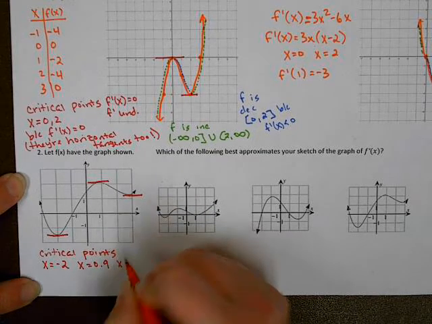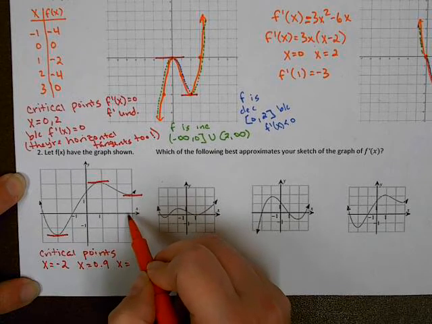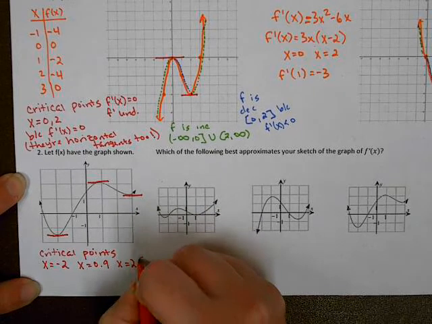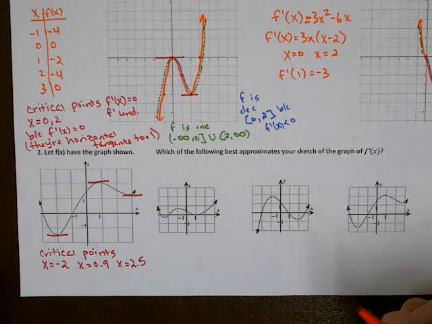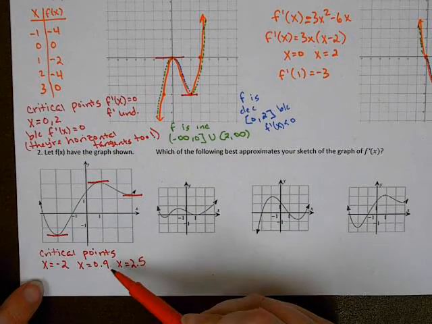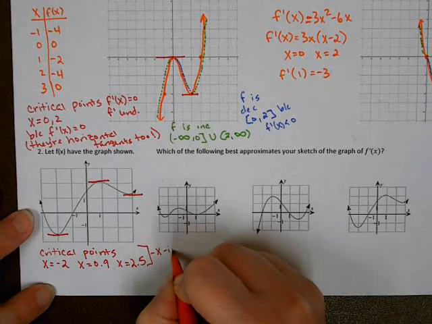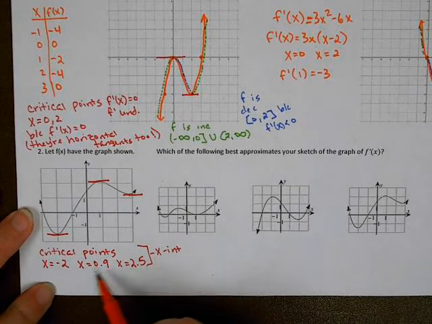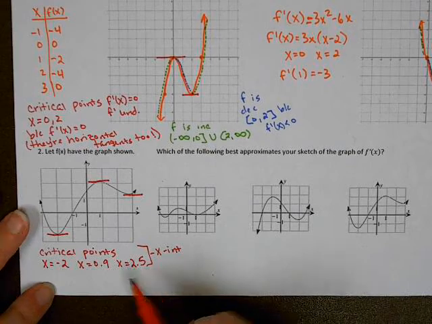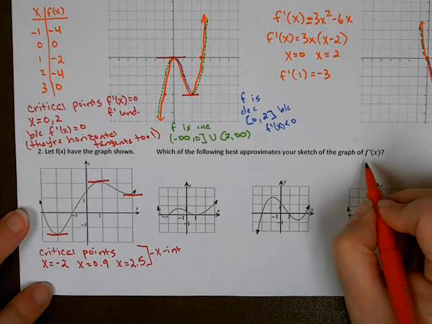And then there's another one at maybe 2.5. Again, they're not exact, but it doesn't really matter. But what this tells me is that I'm going to be looking for x-intercepts at negative 2, 0.9, and 2.5 on my graph of f prime of x.